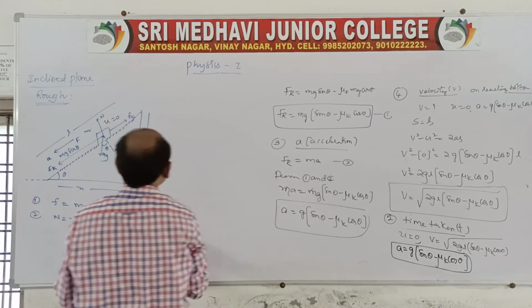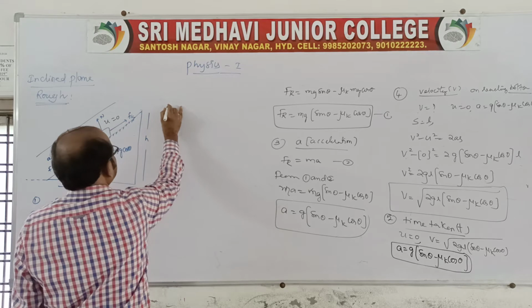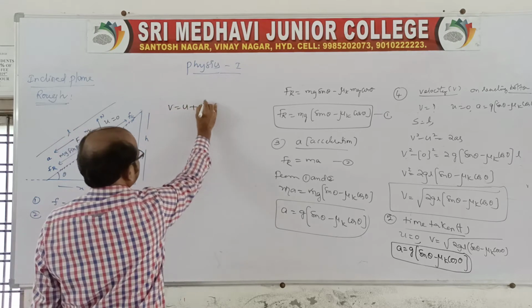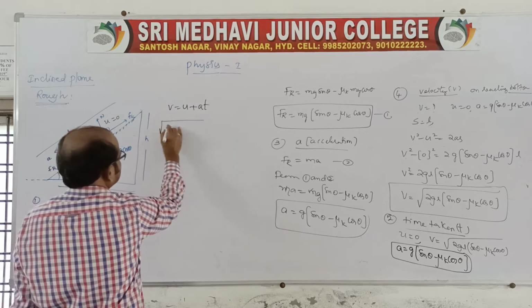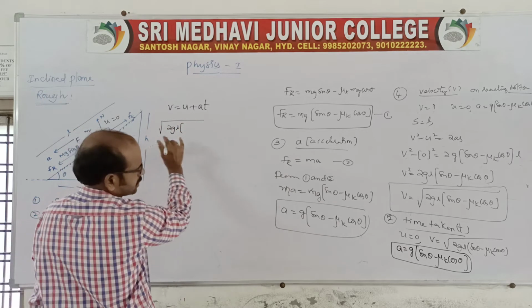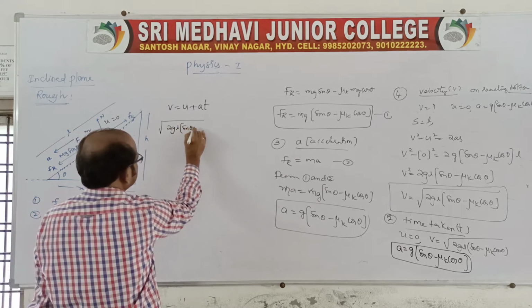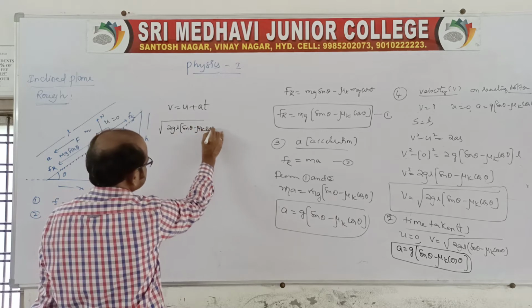Time taken is asked. Therefore v is equal to u plus at. v will be root over 2gl of sin theta minus mu k cos theta.